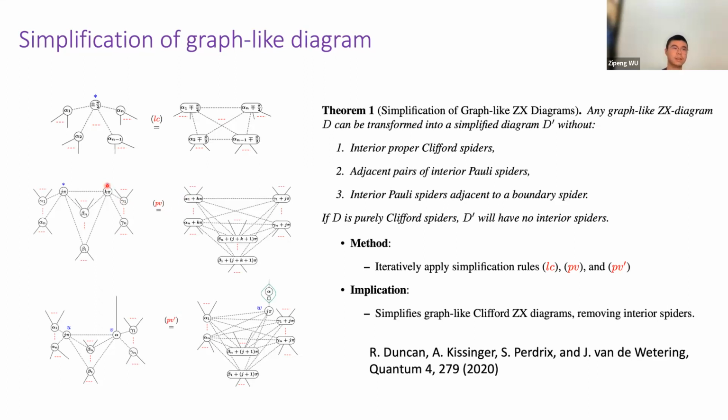This is a generalization of the pivoting rule: a single node with a phase that is a multiple of pi can also be treated as an interior node and removed using the pivot rule. So for Clifford circuits, using this simplification procedure, we can generally remove all the interior nodes, resulting in a graph-like diagram with only boundary nodes.